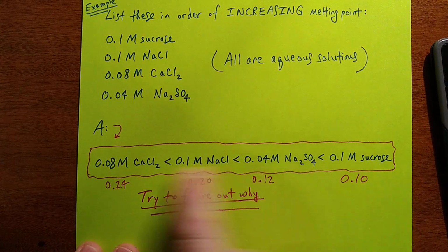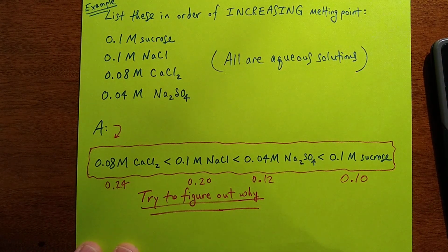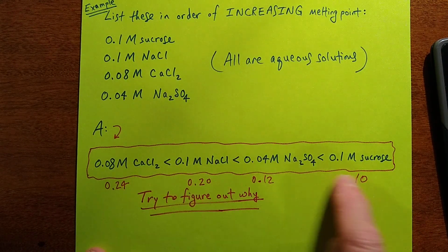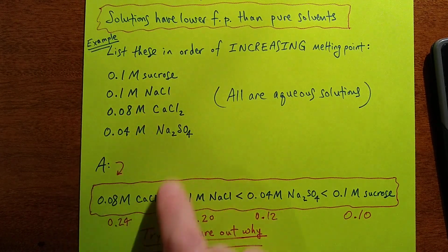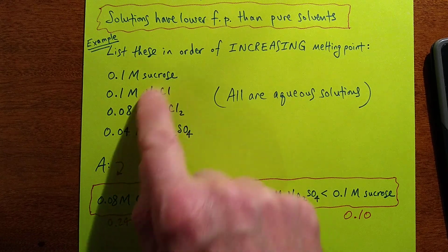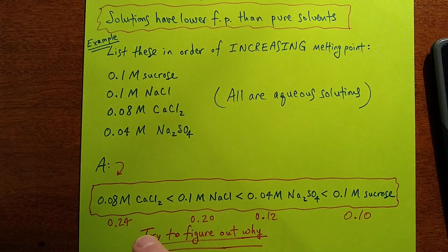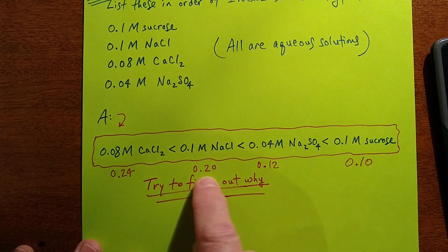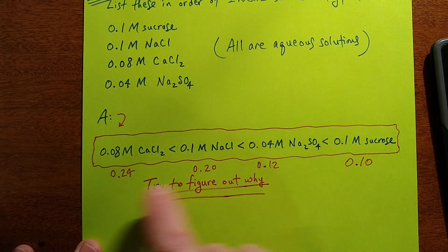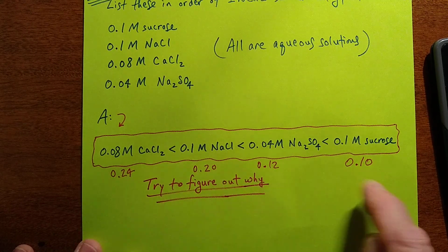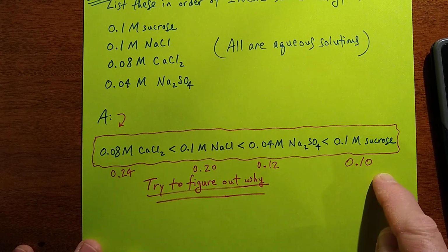So I want you to be able to do that sort of analysis of a series of solutions. You have to look at the concentrations, look at what type of compound it is, ionic versus molecular, and then look at the total concentration of particles in the solution and list them from high to low, so to speak, if you're talking about freezing point.